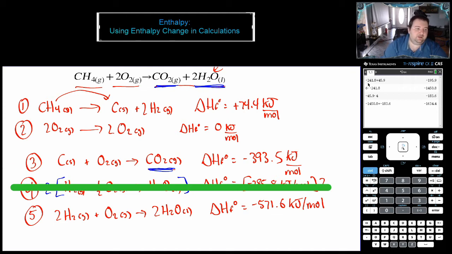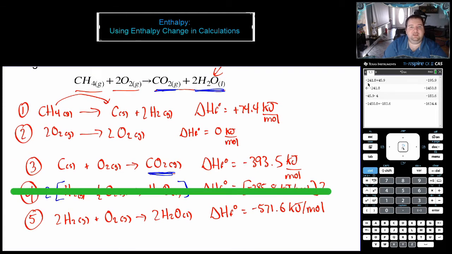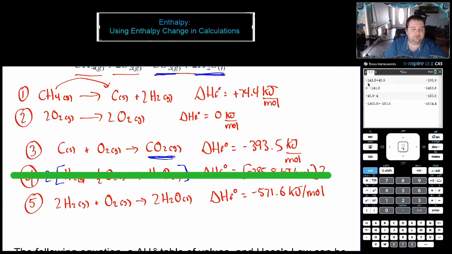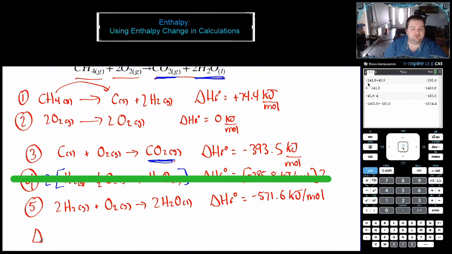What does Hess's law state? It states that the delta H of the reaction is going to be equal to the sum of all the steps. So what are my steps? I had this step, which was positive 74.4 kilojoules per mole.